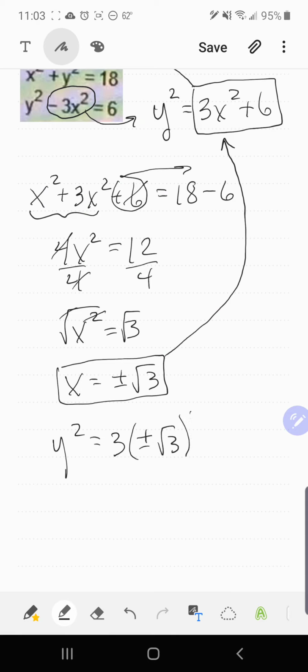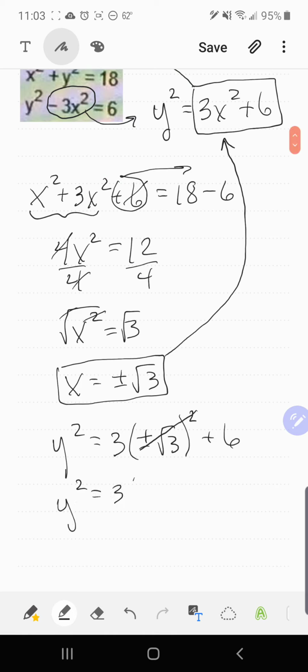And what allows me to do that is the fact that this is going to be squared. So a negative and a positive number, if I square them, they both become positive. And so that allows me to plug in both of those at the same time. Don't forget the plus 6. And then a square and a square root cancel.